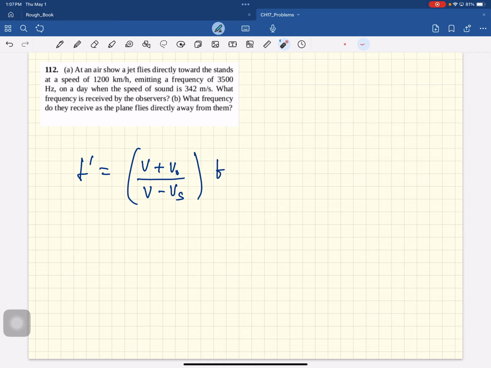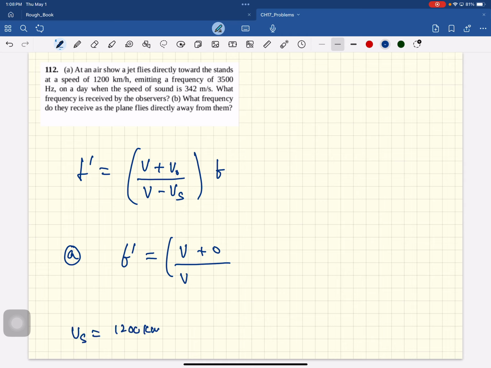So in part A, F prime is V, the observer's velocity is 0, and the source velocity is 1200 kilometers per hour, times 1,000 meters divided by 3,600 seconds.